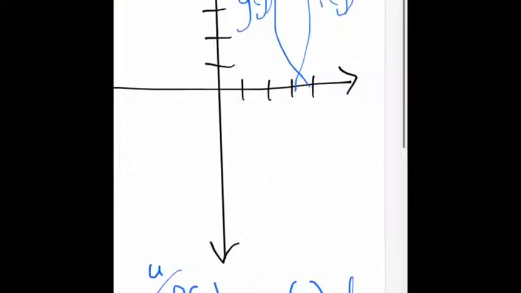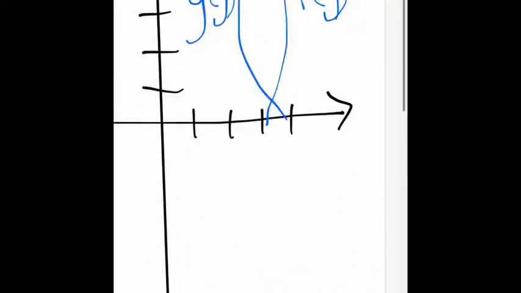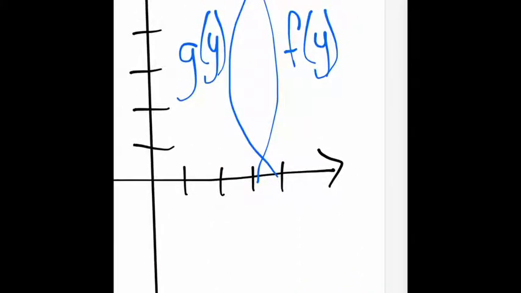In another case, you are going to have to evaluate with regard to y. This comes with lines that are more vertical, so that the y-axis is what's changing more than the x-axis.